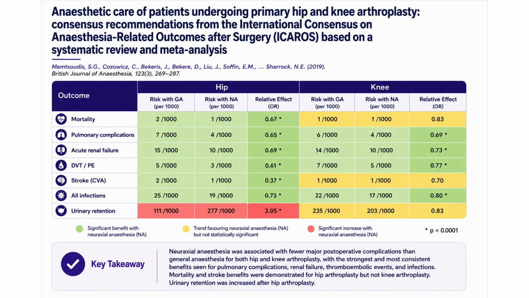So if you look at which is better, GA or spinal, that was a question that the Icarus group looked at, and whilst the evidence for knee arthroplasty is perhaps not quite so clear cut as for hip arthroplasty, you can see overwhelmingly positive outcomes associated with spinal anaesthesia, and very little in the way of negative outcomes.